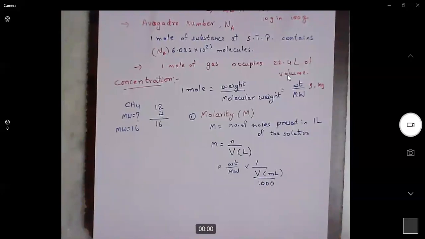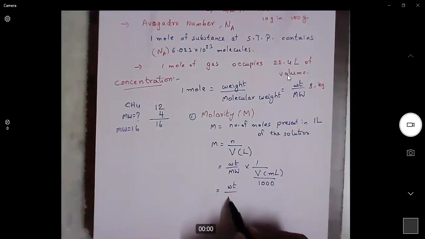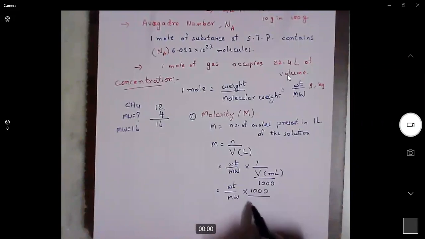So if we have 50 ml solution and we want to convert into liters, what will we do? We will divide 50 by 1000. So we can rearrange this: weight by molecular weight into 1000 by V in ml. This is the formula for molarity.